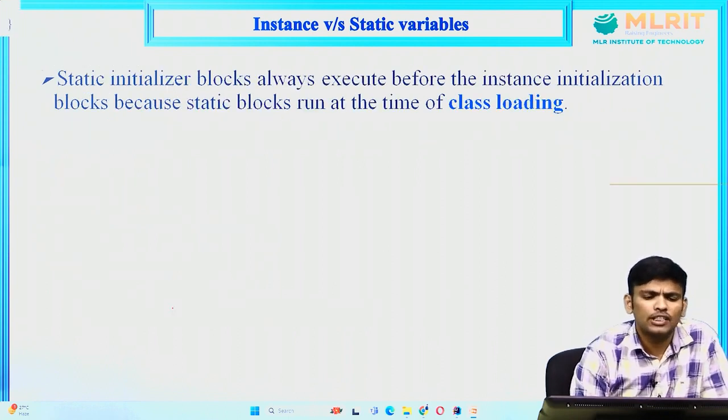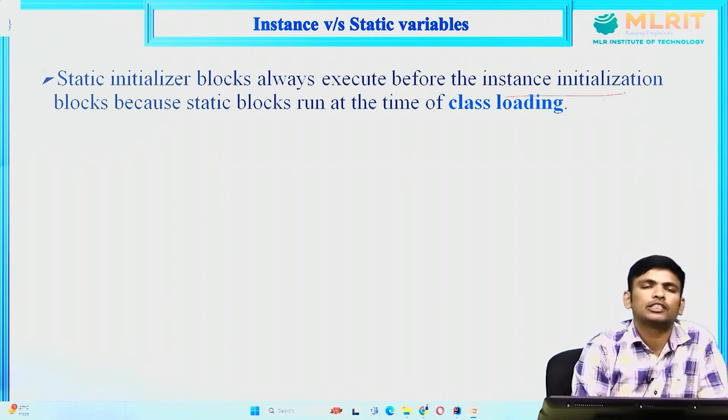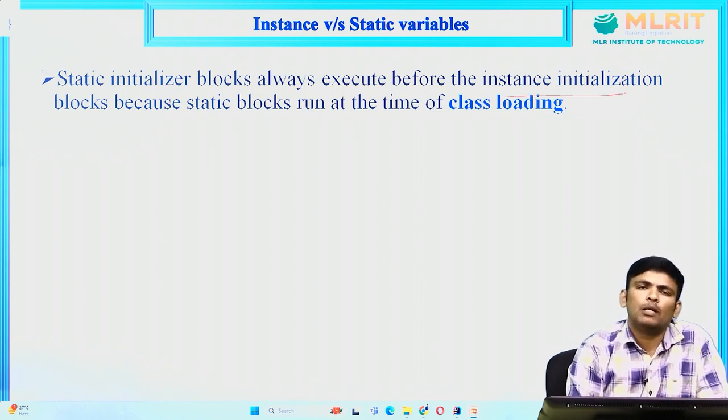So a static initializer block always executes before instance initialization blocks. If you are mixing static blocks and instance blocks, which block will be executed first? The static block will be executed first. As we know, static data is initialized while the .class file is loading into memory.